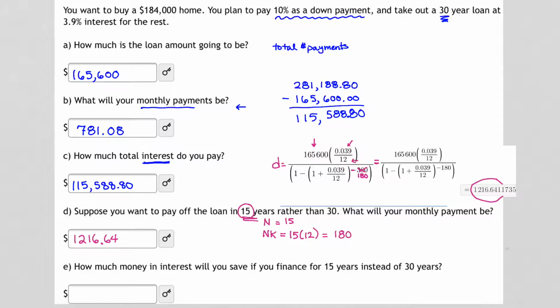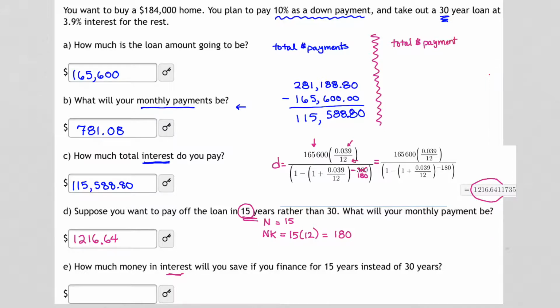Well, let's recall. How do we get our interest? We take our total payments and we subtract from it our loan amount. So I've cleared this space up here to do exactly that. I need to again, as I did before in Part C, figure out my total payments.